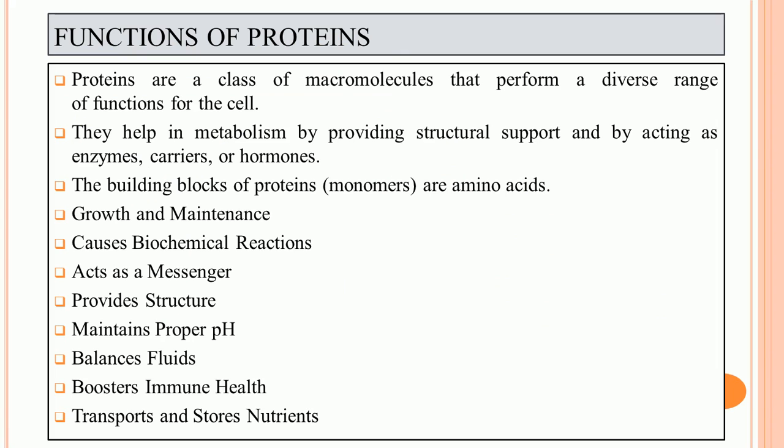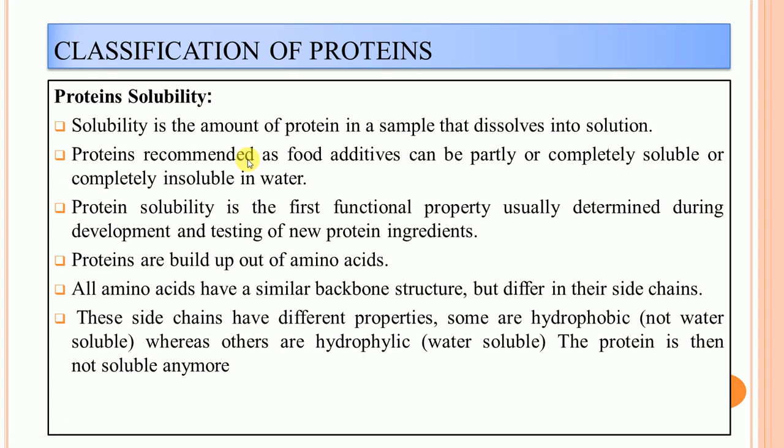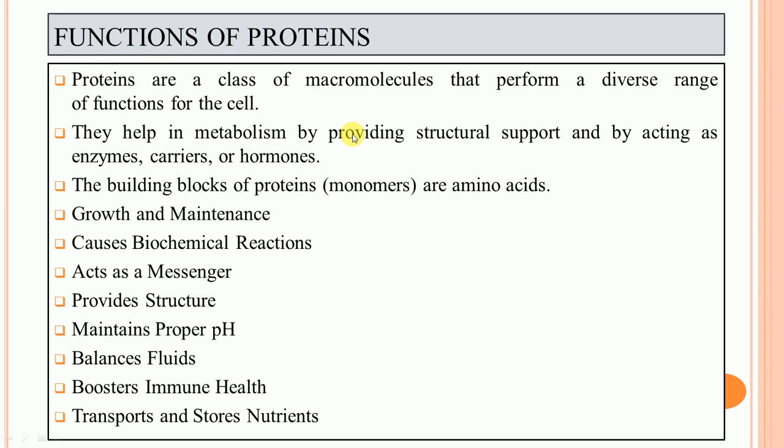So there are different biological functions of proteins. Proteins are a class of macromolecules that perform a diverse range of functions for the cell. They help in metabolism by providing structural support and acting as enzymes, carriers, or hormones. The building blocks of proteins, the monomers, are amino acids. Proteins are also responsible for growth and maintenance, they cause chemical reactions, act as messengers, and provide structure to different compounds.